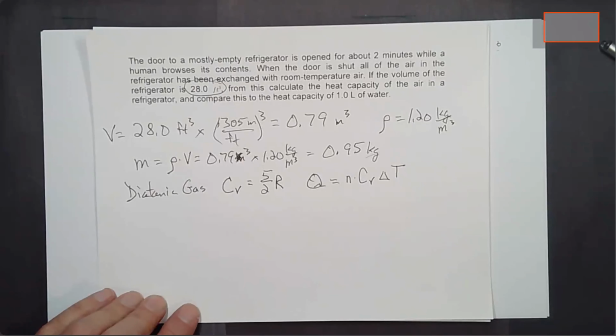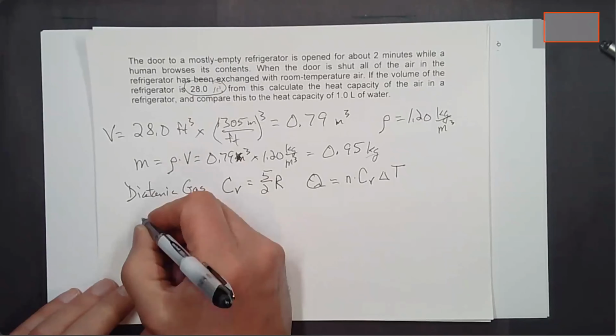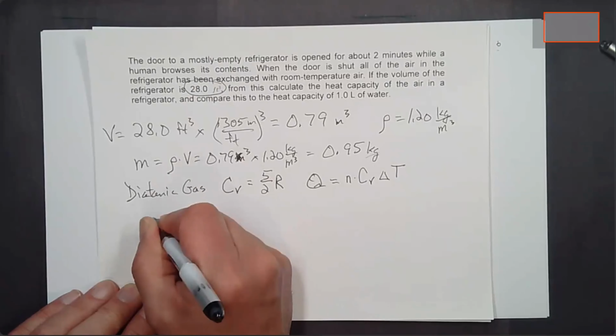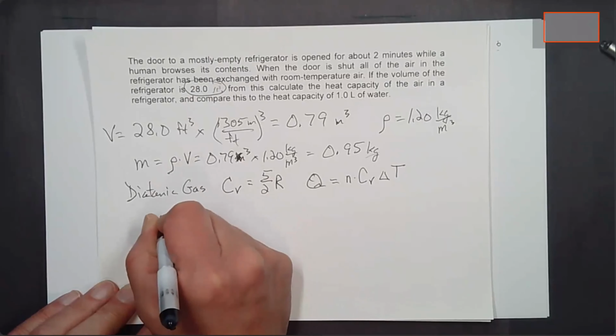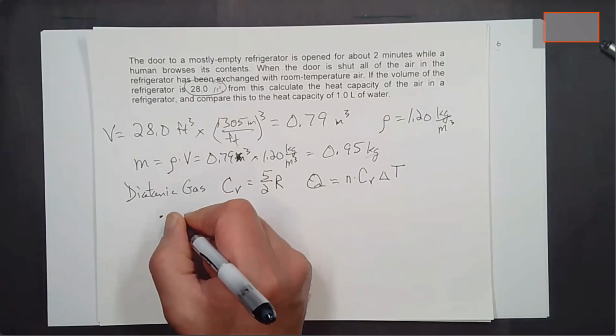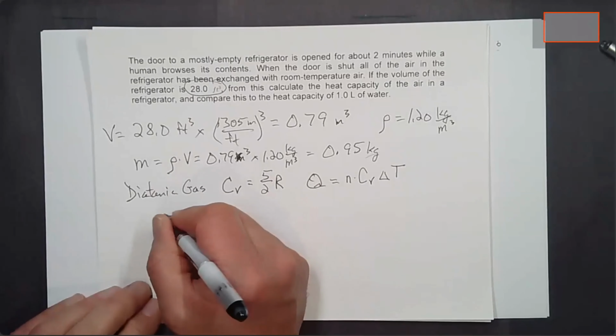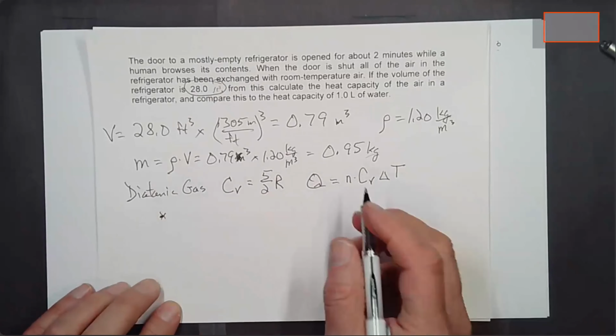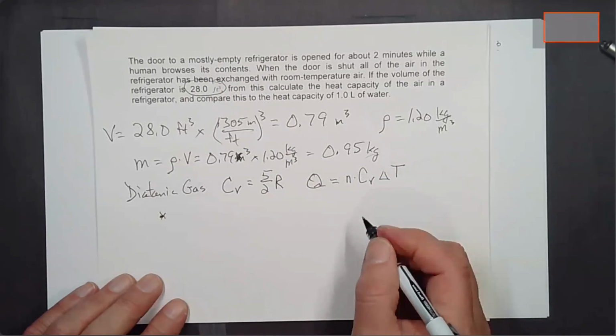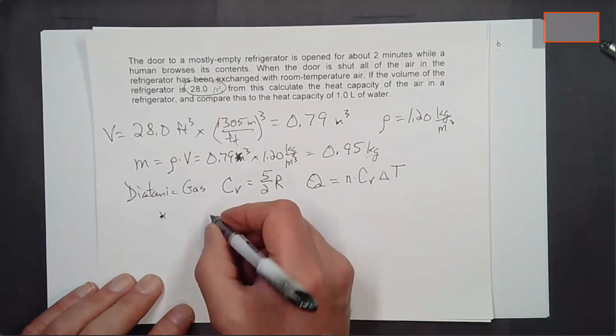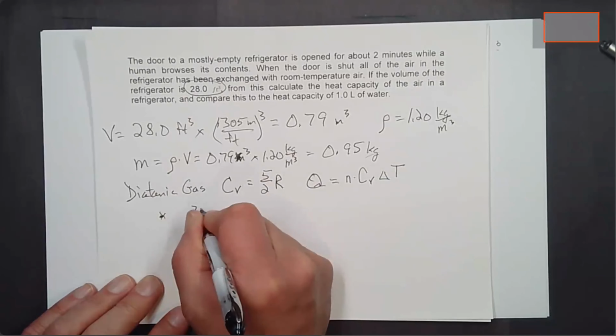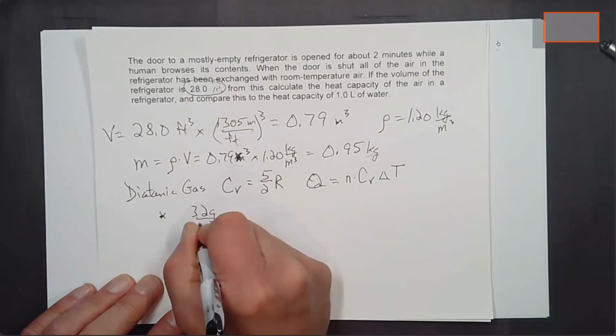Let's see. The molar mass of air, oh man. Oh well, let's just estimate it. It's about 32 grams per mole.